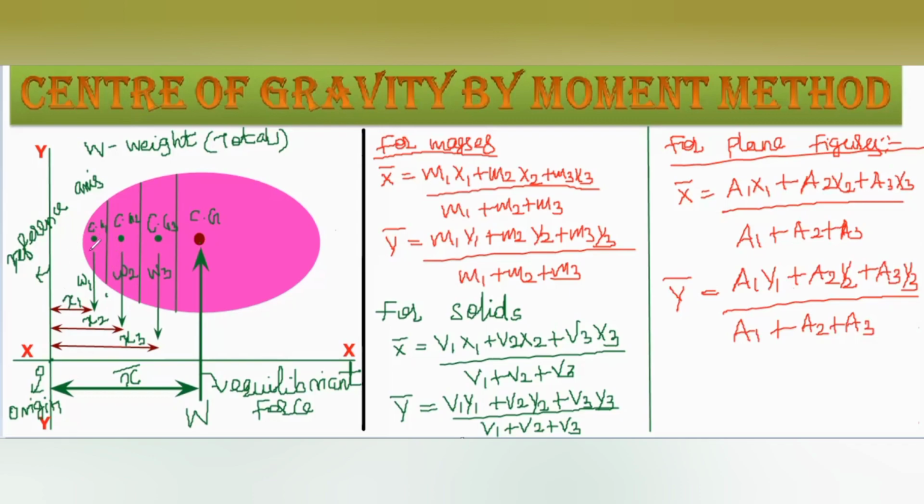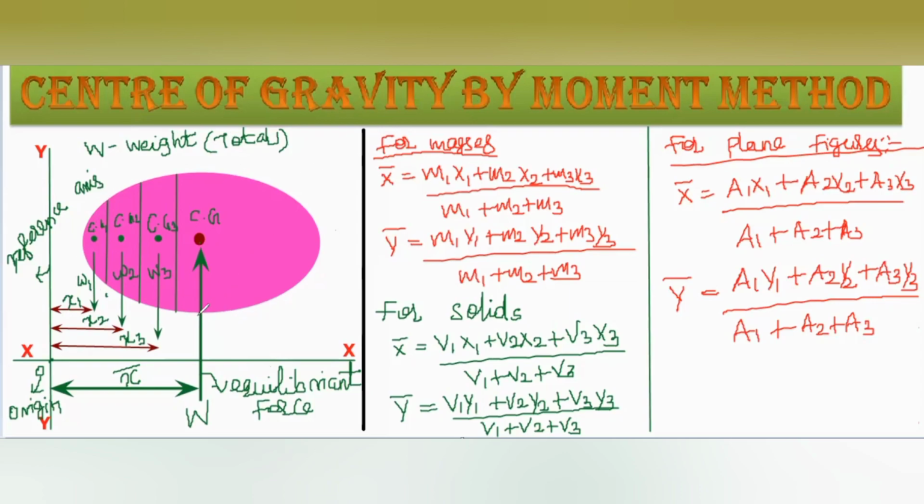First, we consider small strips and the weights, and from the reference axis or y axis, at what distances the weights will act, that we consider. The total W will be the total weight of the object, but here we consider the equilibrium force, because the total W will be the resultant force.